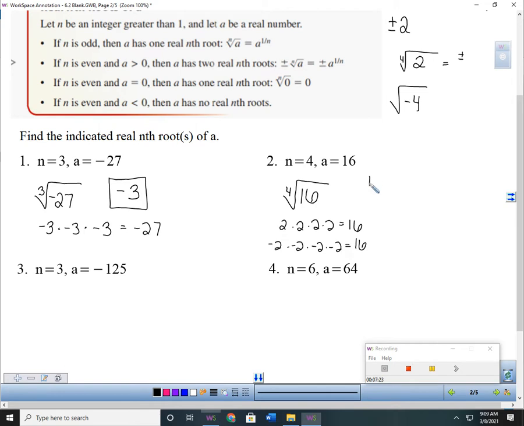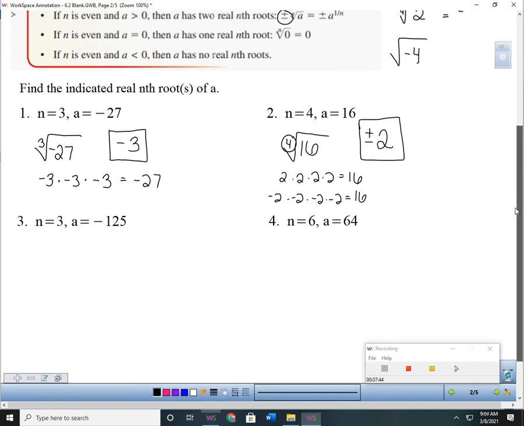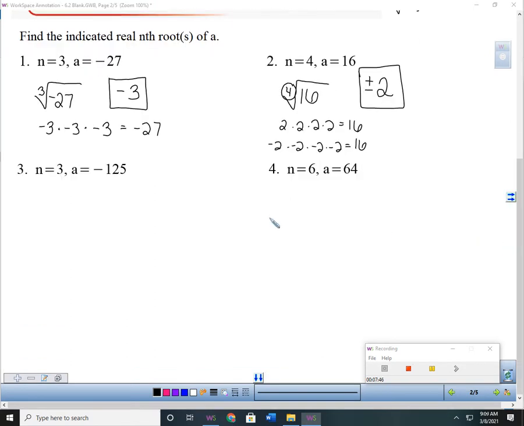So your answers are a positive and a negative 2. Notice right here, even root, correct? And the number's bigger than 0, so you have a positive and a negative answer. So anytime you have an even root, you better make sure that you have a plus and a minus.